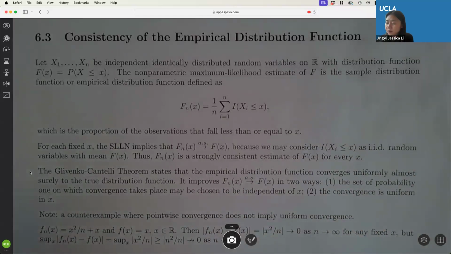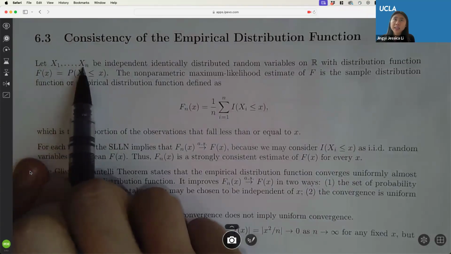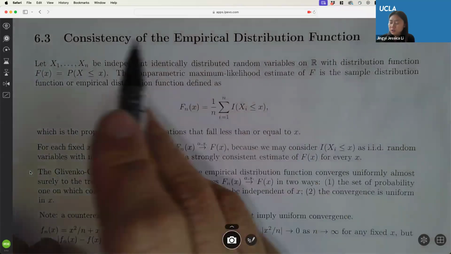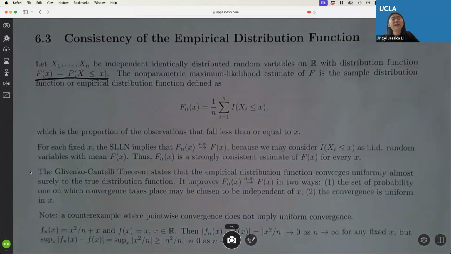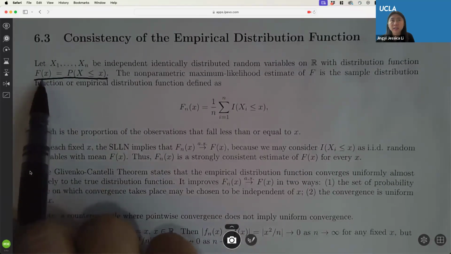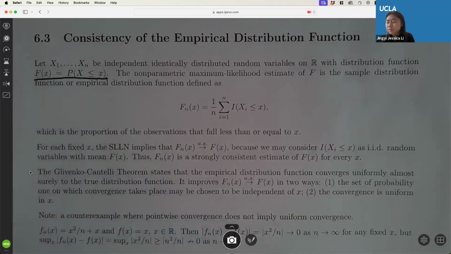Suppose we have x1 to xn IID from the same distribution as X. Then the true CDF is the probability that big X is less than or equal to small x, and we call that F(x). But this is something we don't observe.